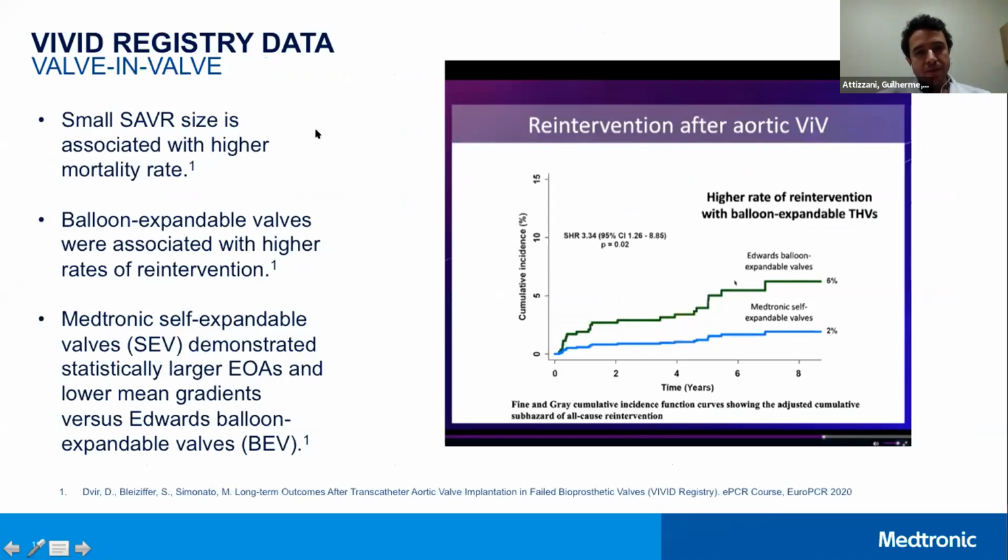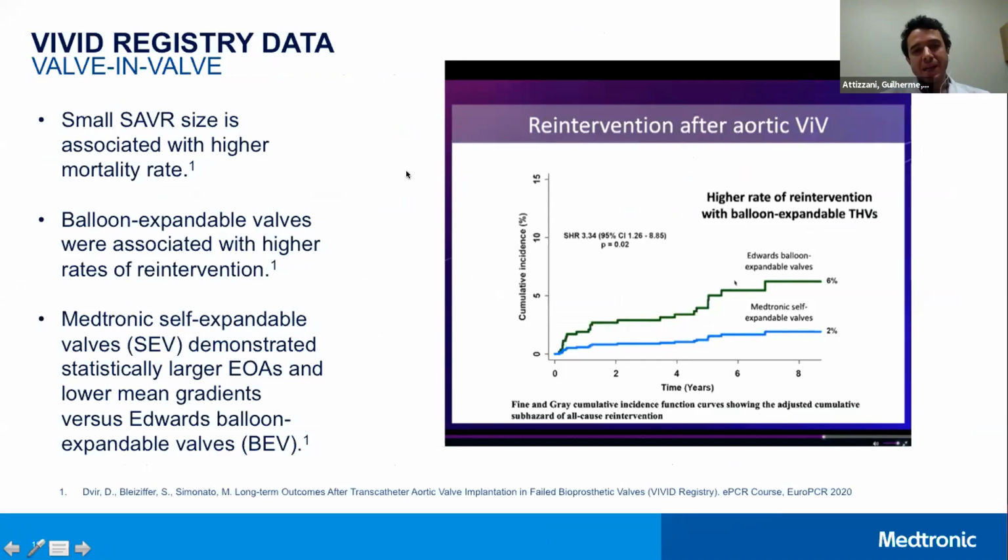This is some data from the VIVID registry, also showing, of course, that smaller surgical valves are associated with higher mortality rates. That's not news for us, but what is important to pay attention to is that there were higher rates of re-intervention. This is for valve in valve, obviously, right? High rates of re-intervention when you do valve in valve with the SAPIEN valve rather than the self-expandable valve.